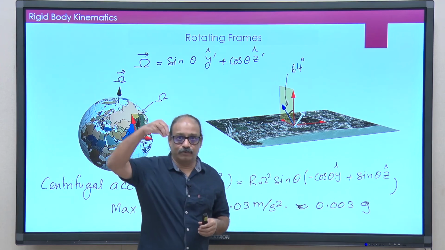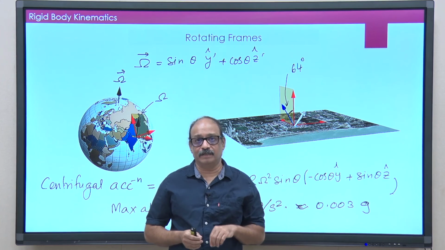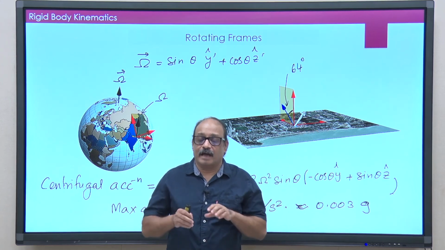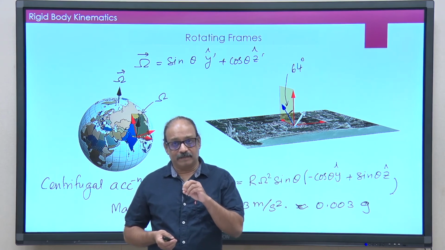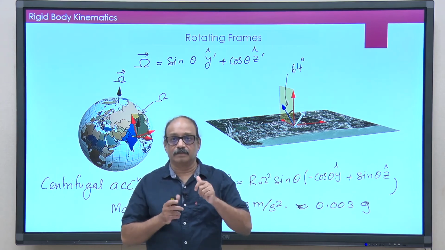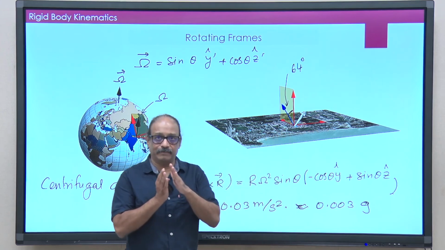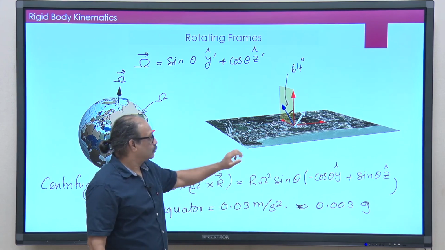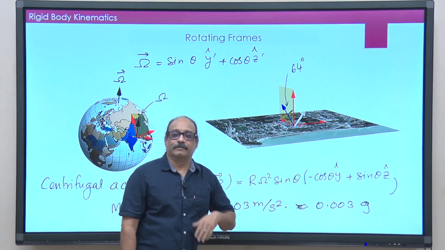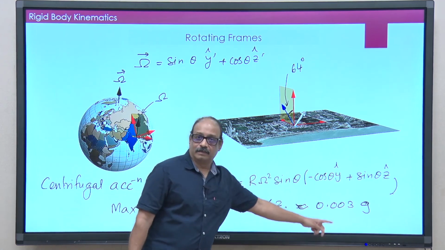Whenever you hang something, it is not exactly pointing towards the center of the earth, assuming the earth is spherical, but it will be slightly off because of the spin of the earth. But the angle by which it will be off will be really tiny, and the change in the magnitude also will be extremely small.